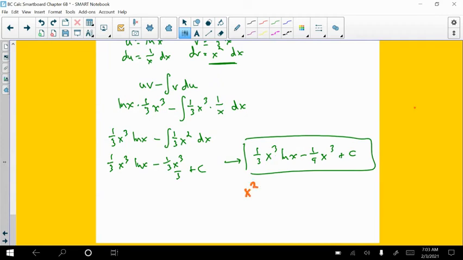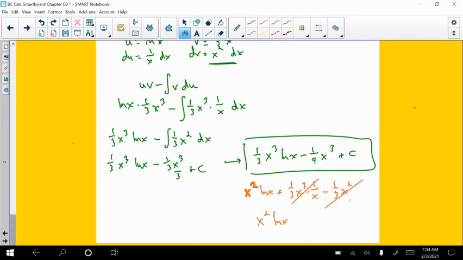Oh, I didn't mean to get the chunky marker. x squared ln x plus, and then we leave 1/3 x cubed alone. The derivative of ln x is 1/x, and then minus 1/3 x squared. Derivative of the constant goes away. 1/3 x cubed divided by x is 1/3 x squared, which is there. And so we get x squared ln x.